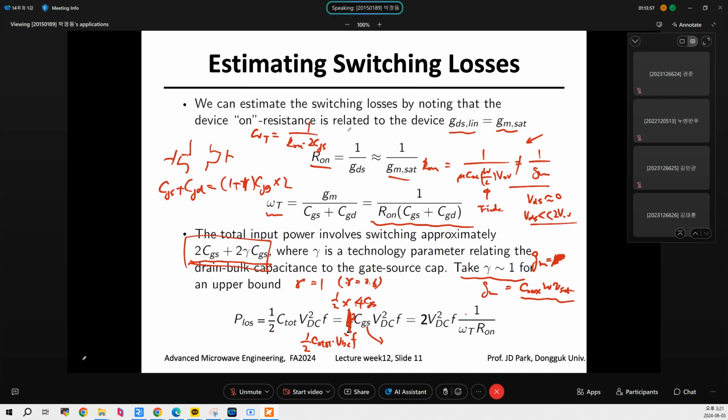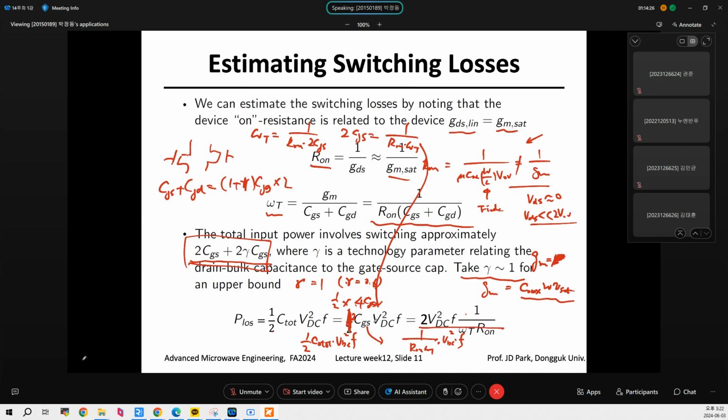So 2 CGS is just R on omega t 1. You just put this to here. Then this is 1 over R on omega t and VDC scale F. This is this value.